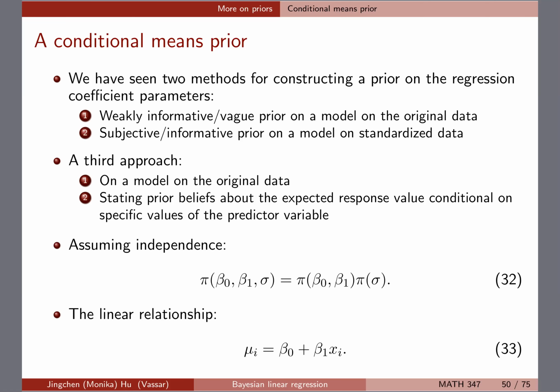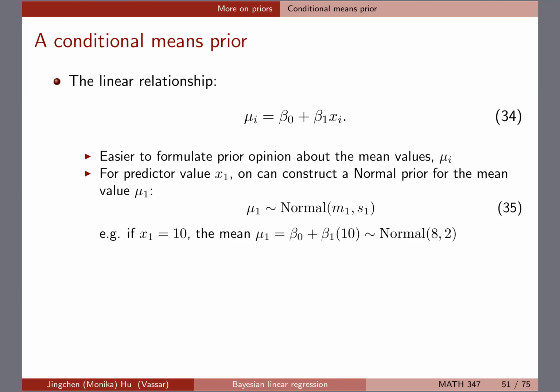We're going to assume independence again for all of the coefficients. We're still working with equation 33, the linear relationship between the mean and the predictor: beta 0 plus beta 1 times xi. To avoid dealing with beta 0 and beta 1, we formulate prior opinion about the mean values.